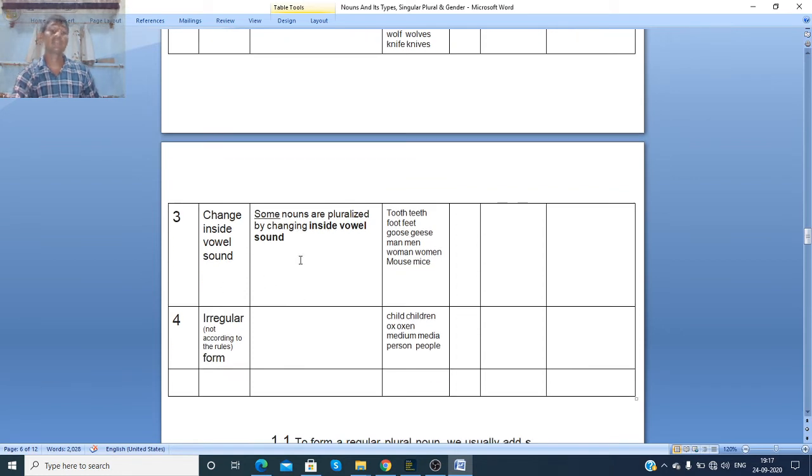And number three: some nouns are pluralized by changing the inside vowel sound, like tooth, teeth; foot, feet; man, men; woman, women; mouse will become mice.